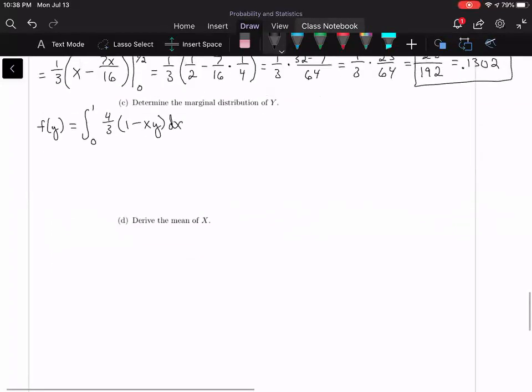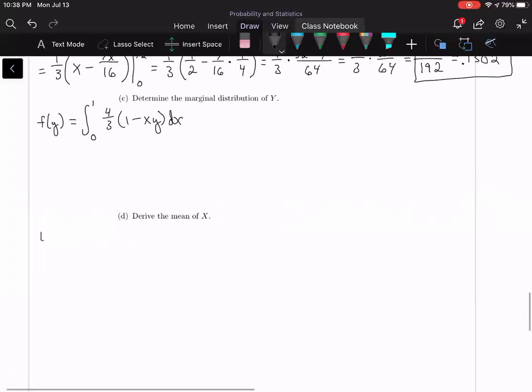And actually, before we do that, let's set up part D just so you could tackle both at the same time. Part D is going to want you to derive the mean of x. So this means we want the expected value of x. And the expected value is the double integral of x times the joint PDF, which is 4/3 times 1 minus xy, dy dx, or you could do dx dy.